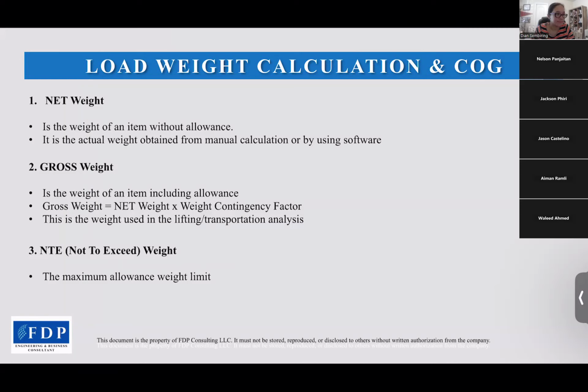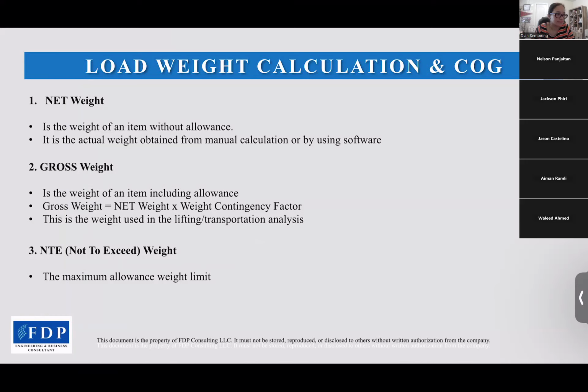The gross weight is the net weight times the weight contingency factor. The weight contingency factor we can refer to from codes like DNV, or the project requirement, and the client has their own requirement for that, so we follow that.